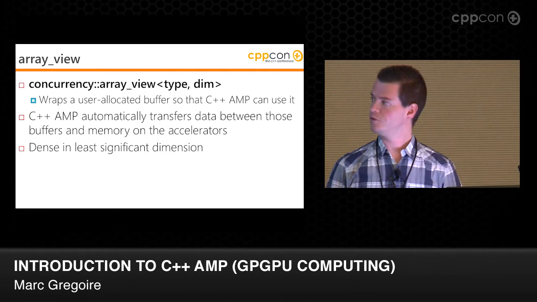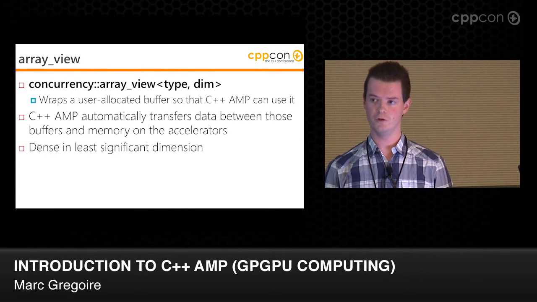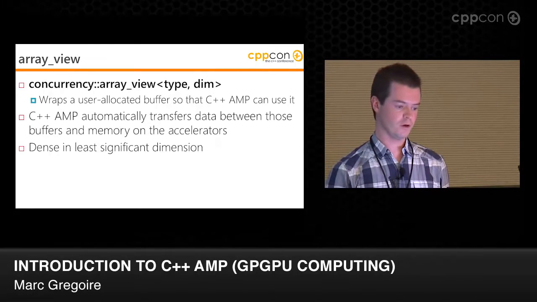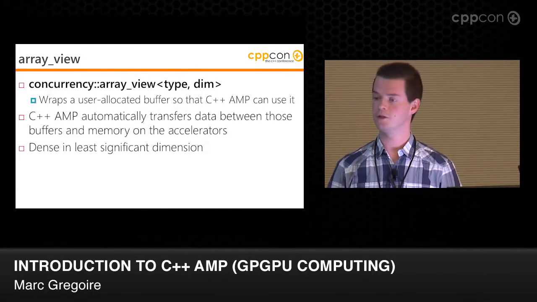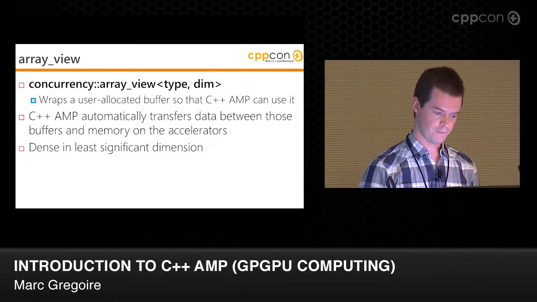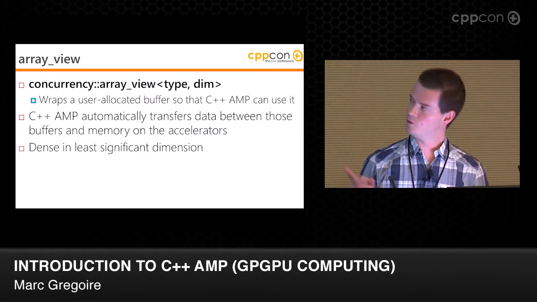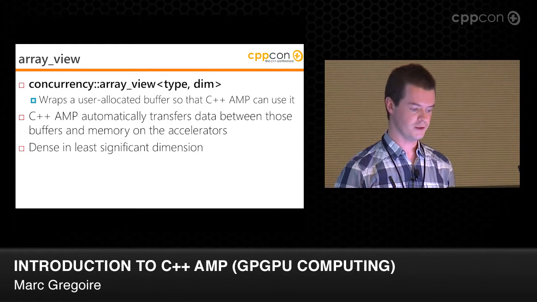And the nice thing about this is that it will automatically transfer the data from your user allocated memory to the accelerator in the beginning of the calculation, and at the end it will automatically copy it back to the CPU. The array view and the array also are dense in the least significant dimension, and that will become clear on one of the next slides.